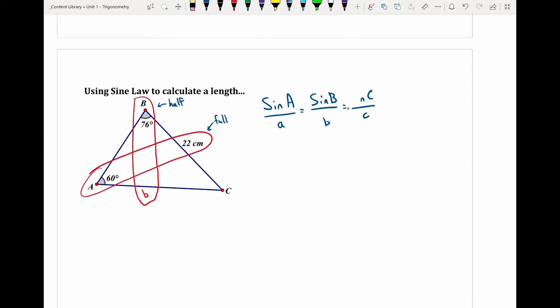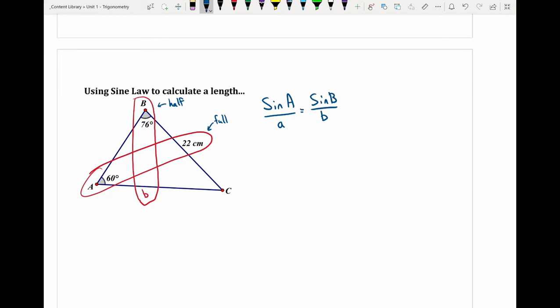Because of that, I don't need to include it at all, so I can get rid of that C pair. I am still going to need the A pair and the B pair because A is full and given to me, and B is part of the one I'm trying to solve.